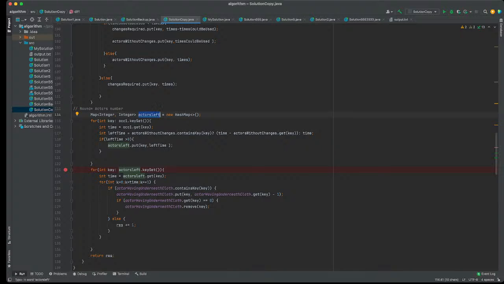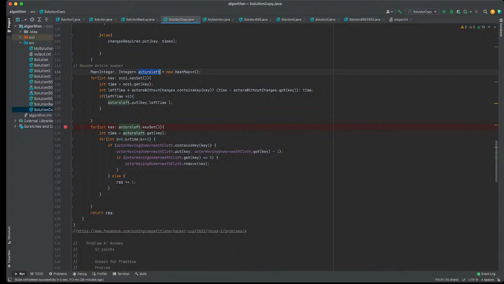The actors left are the ones who need to change clothes to satisfy the changes required. This can be calculated very easily, by excluding the characters without any change.